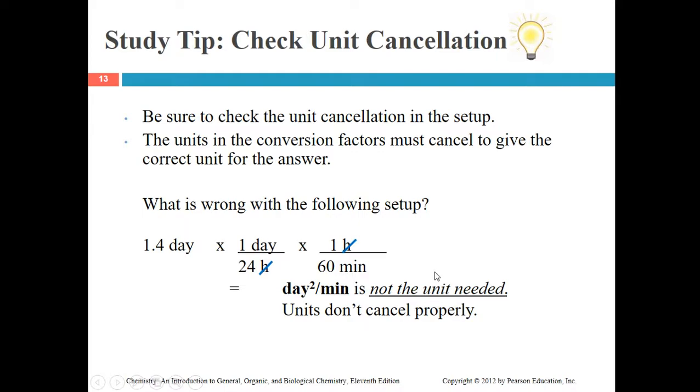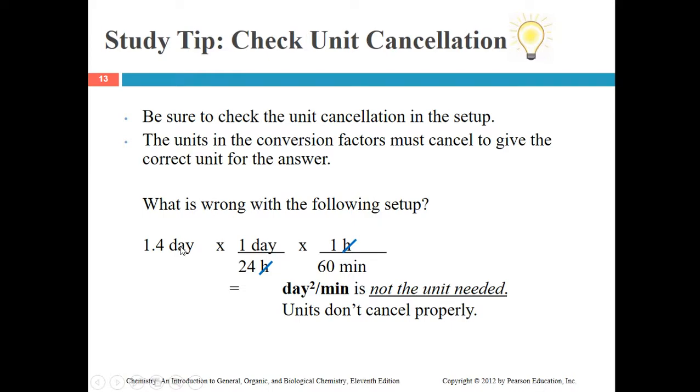All right, so this is just to tell you, back up if you are going along. Let's say that you had started out with 1.4 days, and you go, well, I'm just going to arbitrarily, I know that 24 hours is 1 day. Well, if you did that, and you put the 1 day on top and the 24 on the bottom, and then you went over here and did your hours to 60 minutes, and you cancel out the hours there, let's look and see what labels we have left.